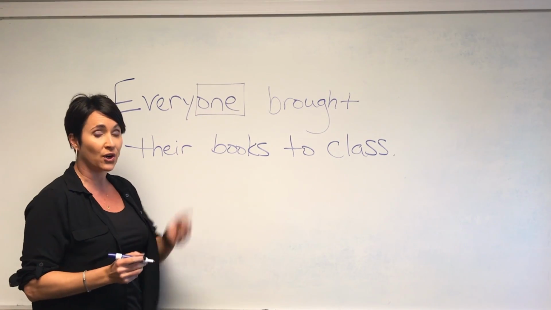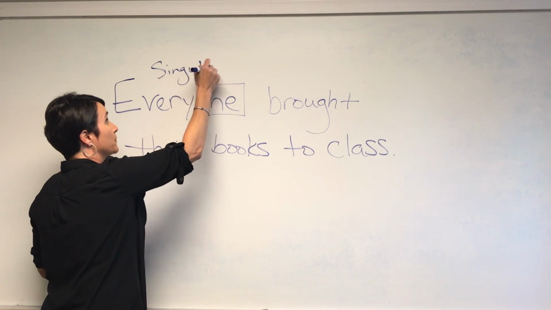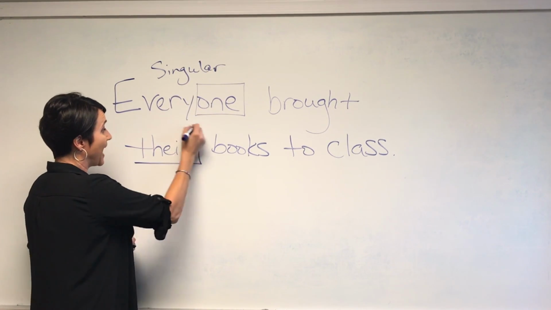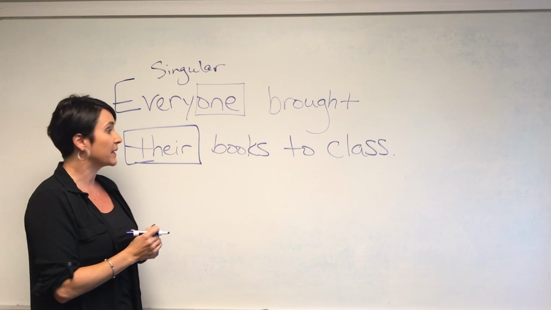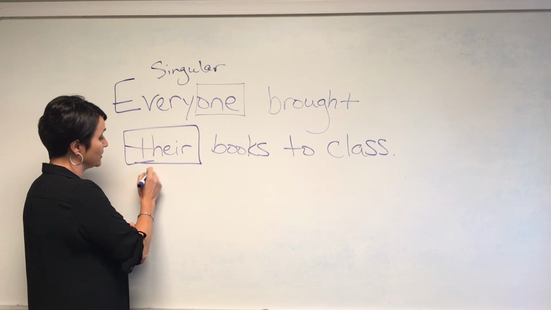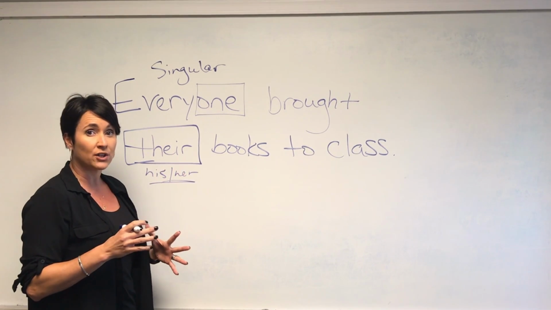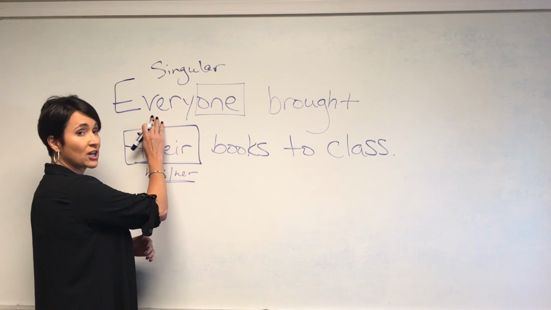It actually has the word one in it. Everyone is singular. Therefore, their does not work here because their is plural. So in this case, you could say his or her here, but remember that's kind of awkward in your writing, so you may want to change the subject.